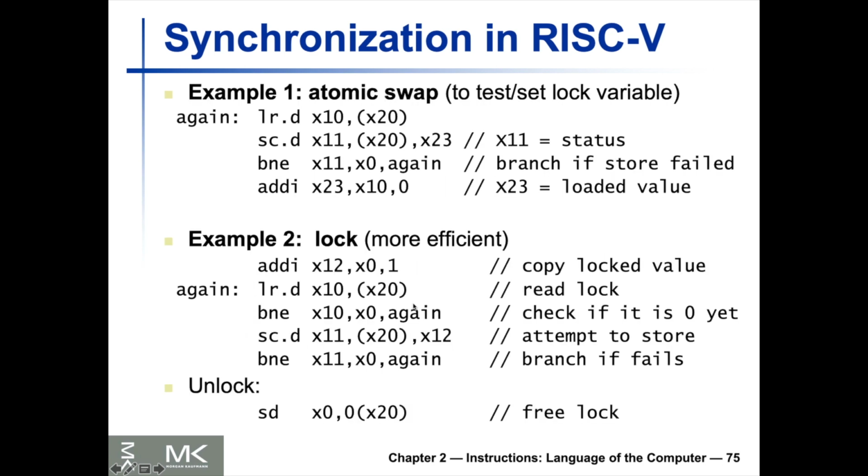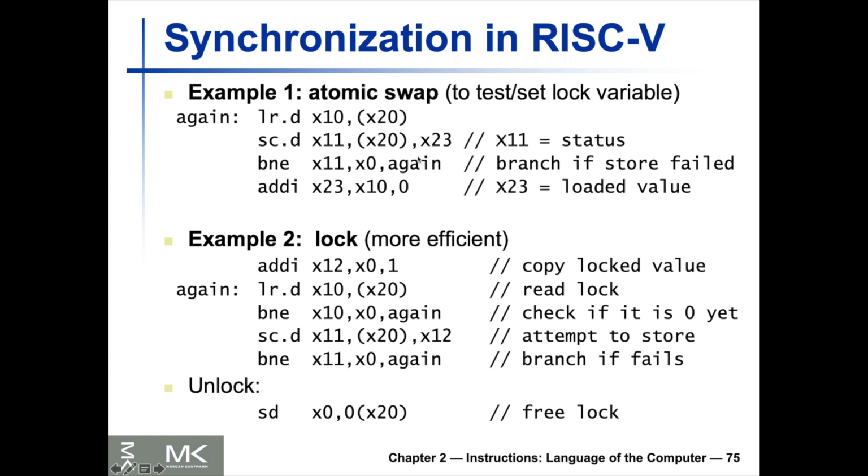So the first one, example 1 on top. We have an atomic swap. We want to swap the values of two variables, right? So we're going to use load reserved D for x10 and x20, followed by the store conditional operation with x11, x20, and x23, right?